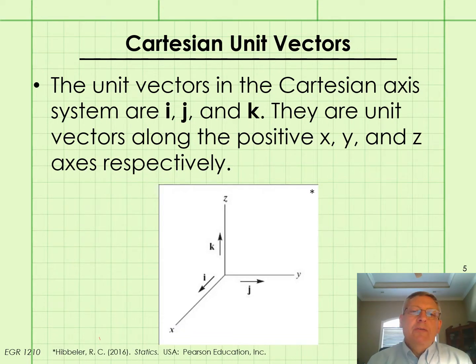We're going to make use of Cartesian unit vectors in 3D, just like we did in 2D. So we have i, which is the unit vector along the positive x-axis. j is the unit vector along the positive y-axis. And now we add k, which is the unit vector along the positive z-axis.